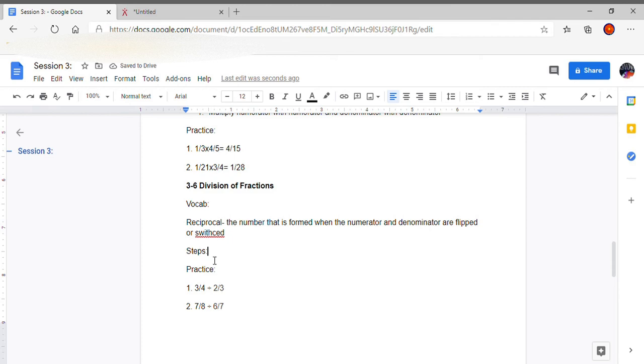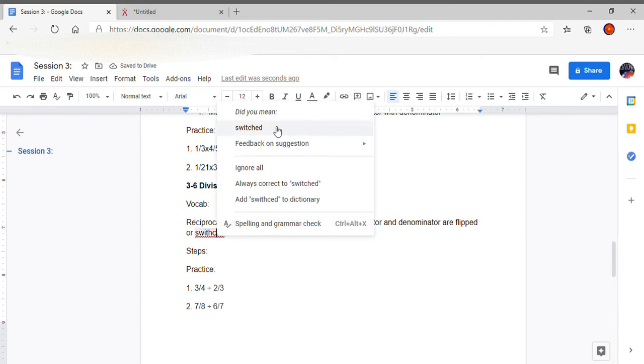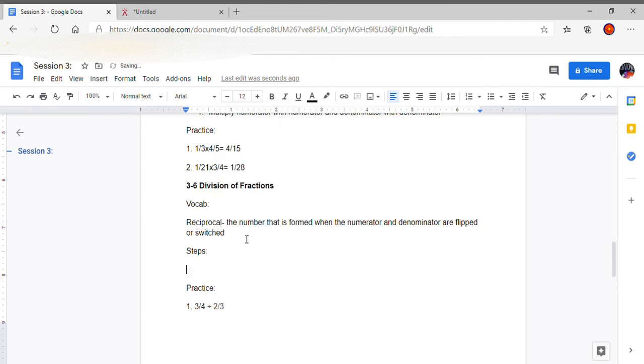So steps when you divide by a fraction. Step number 1: find the reciprocal of the second number.